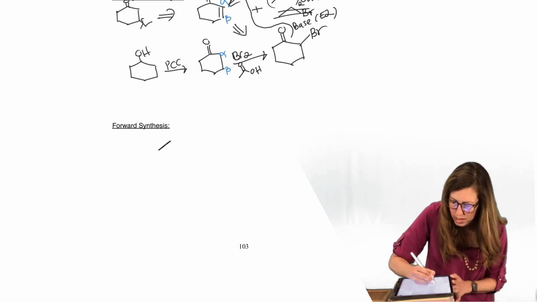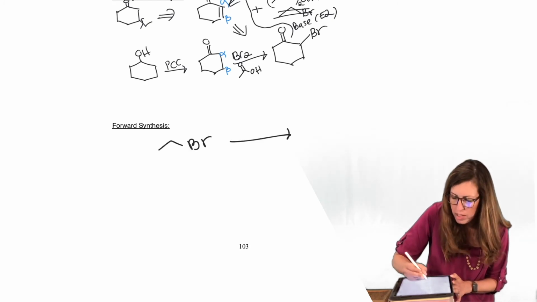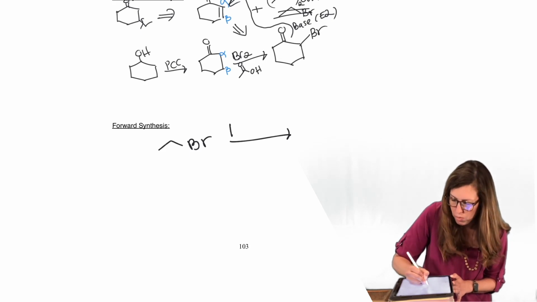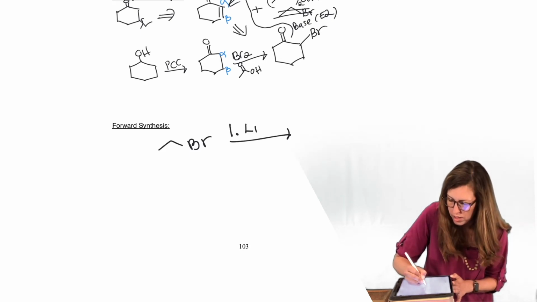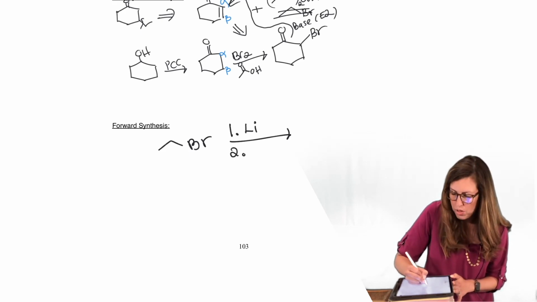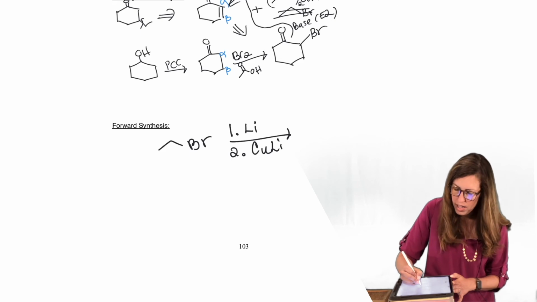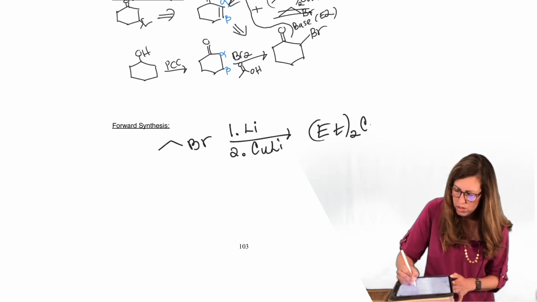So first I'm going to take my ethyl bromide, and I'm going to convert it to my Gilman reagent. So step one, lithium, and so I can make the organolithium reagent, and step two, CuI. And so now we're going to have Et2CuLi, and this is to be used later.